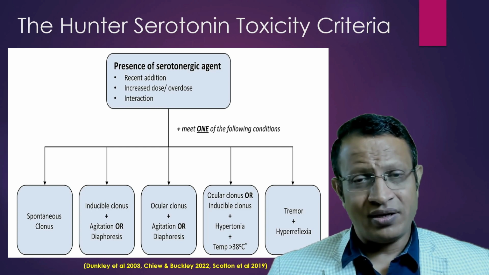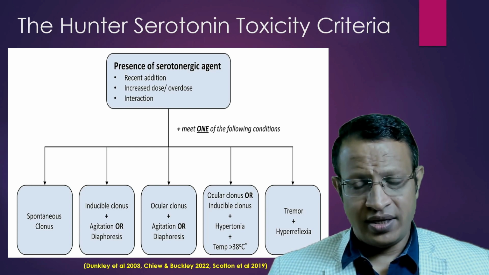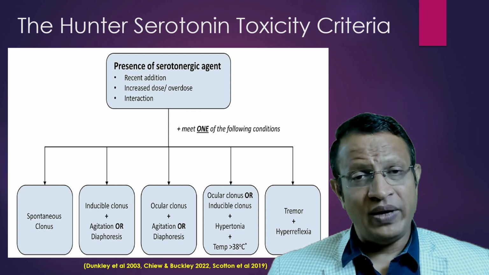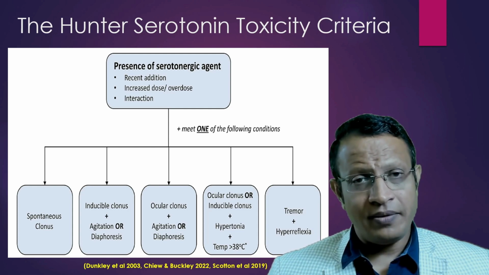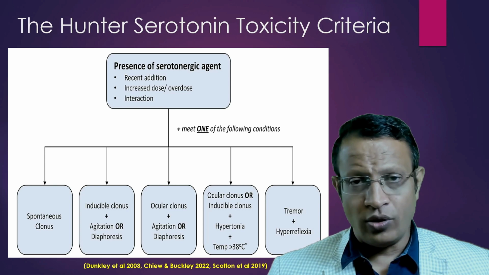One is the major criteria, that is the presence of exposure to serotonergic agents. That means recently there should be the starting of an SSRI, or an increase in the dosage, or an interaction of two SSRIs has been noted.